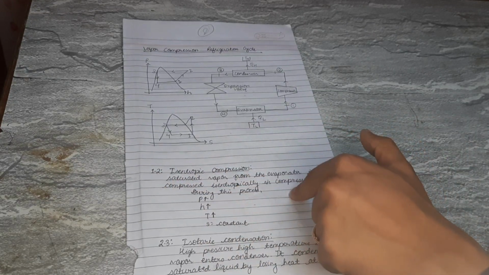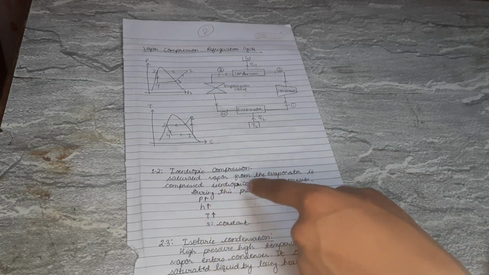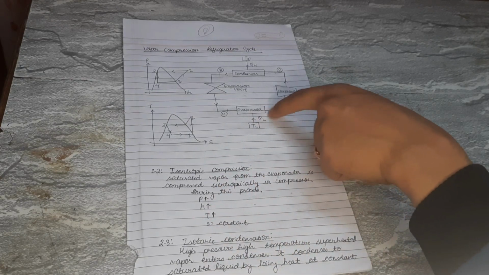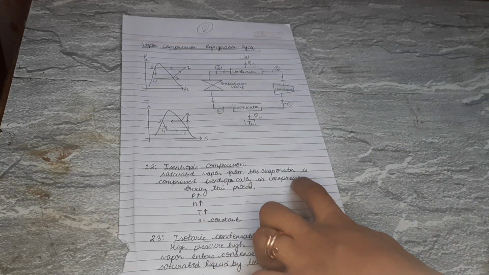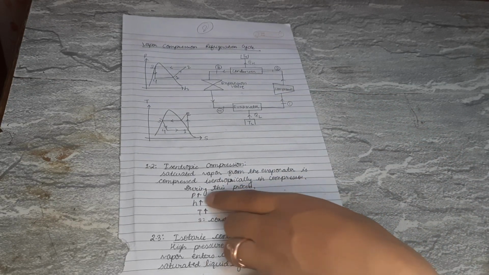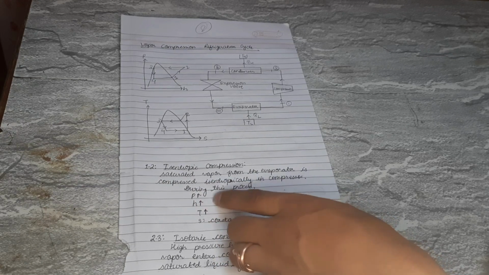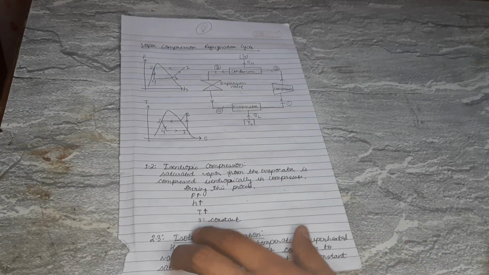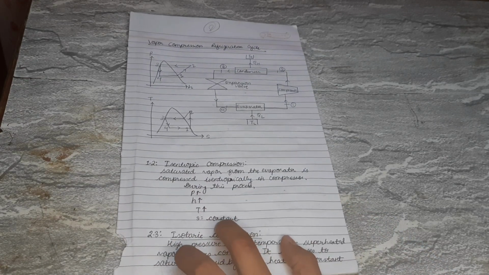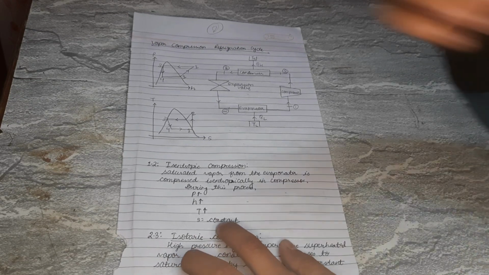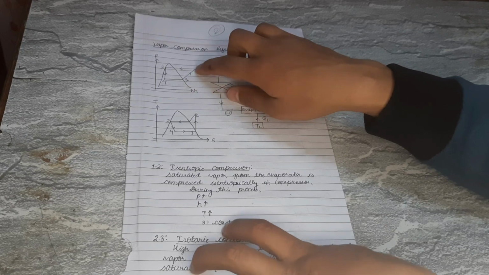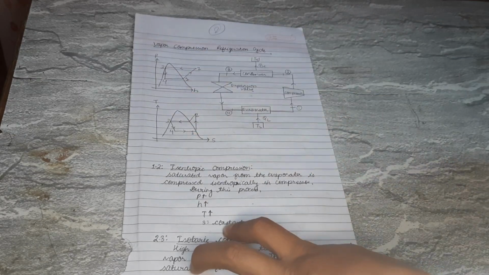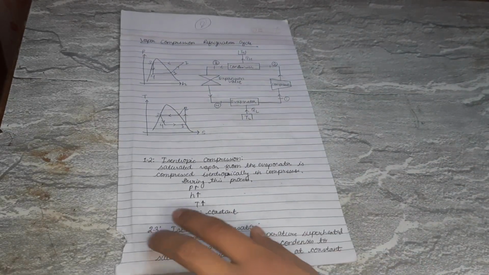In isentropic compression, saturated vapor from the evaporator is compressed isentropically in the compressor. During this process, pressure increases, enthalpy increases, temperature increases, but entropy is constant. So I guess you can draw this P-H and T-S diagram or curve.